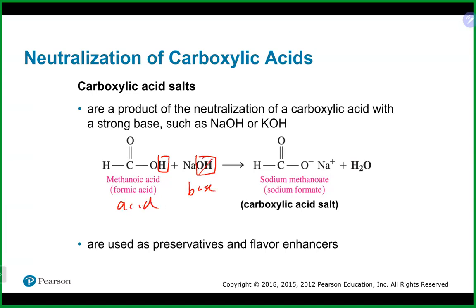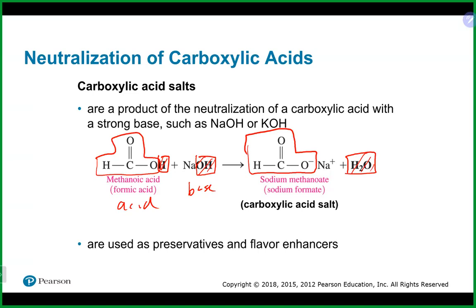So once again, those two right there are going to make our water. And obviously what is left is this guy exactly the same as what you see over here, except now it has a negative charge because again, it lost the H+, and it will associate with that sodium, and that's what makes it a salt.